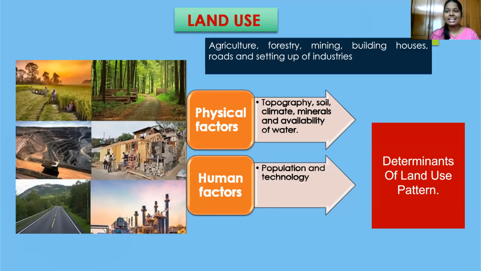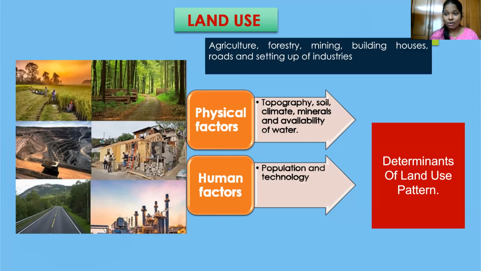Moving to the next, land use. It's not only the people's land; the land is not only used for habitation. Land has many different purposes. We use land for agriculture. We have studied why dense population is correlated with agriculture, the plain areas. Even forestry, and mining, because the plateau lands have minerals, and in those areas we have mining.